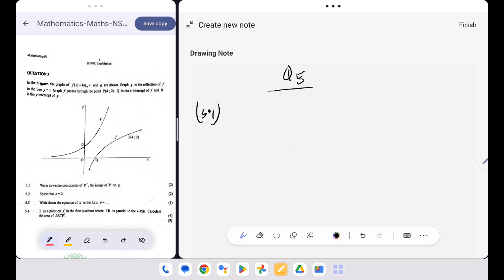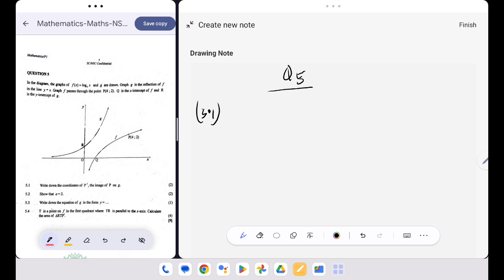Okay, whenever they tell us that a graph is a reflection on the line y is equal to x, they are telling us that g of x is the inverse function of f. Right, together, because only an inverse function is reflected along the line y is equal to x.